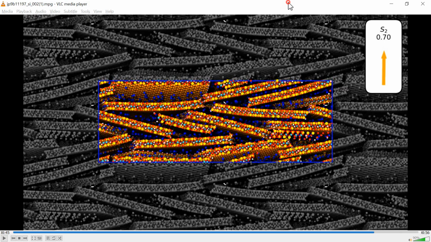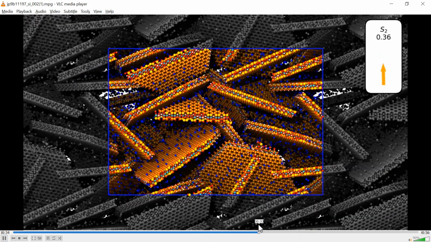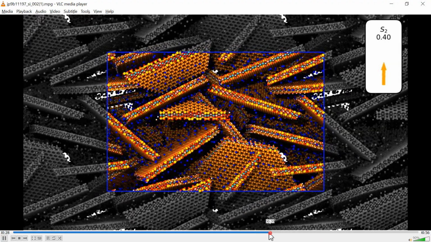And what we see in this video is that when the ionic concentration is high, then the distance between the platelets is short. However, when the ionic concentration decreases, let me play the video, the distance changes.